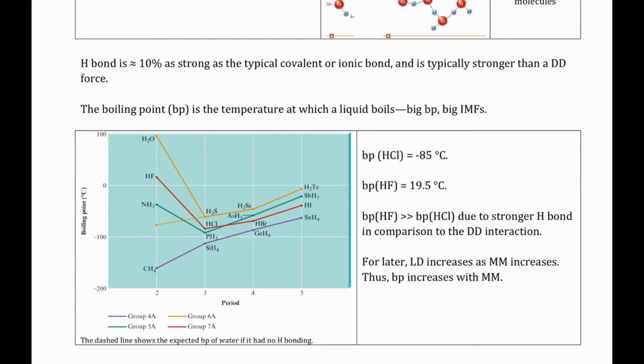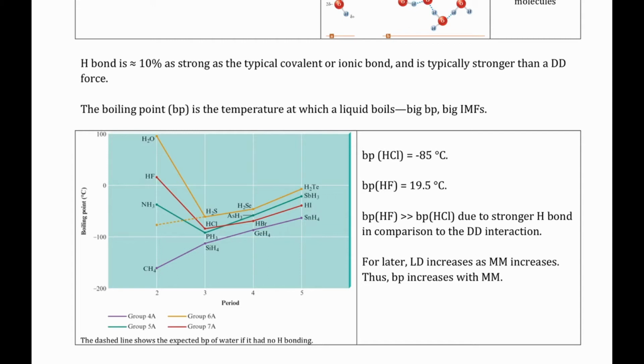Going to the purple data, CH4, SiH4, GeH4, those are all nonpolar, so they would not have dipole-dipole or hydrogen bonding capability. We'll come to what they have a little bit later. Bear in mind that their boiling points are low. Low boiling points mean not very strong IMFs.